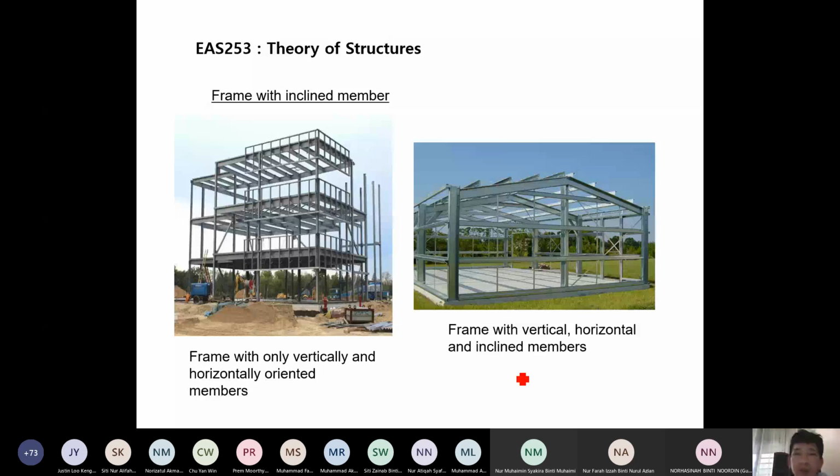So in this case, you have this frame where it consists of vertical members and inclined members. So the next thing that I will be discussing with you tomorrow is how do we consider cases of frame where there are members which are inclined.